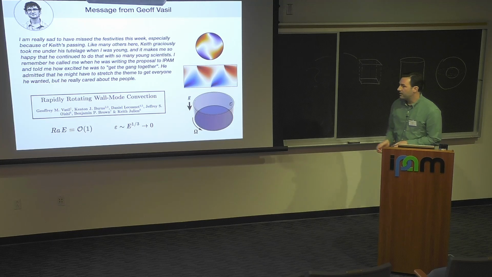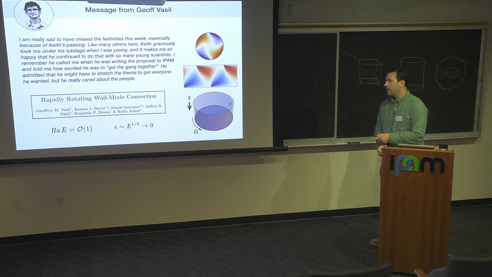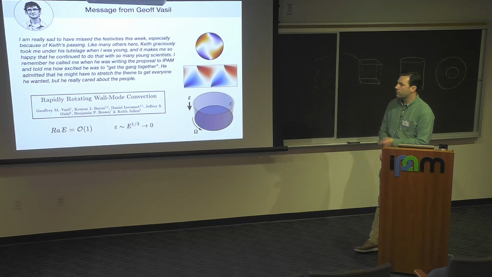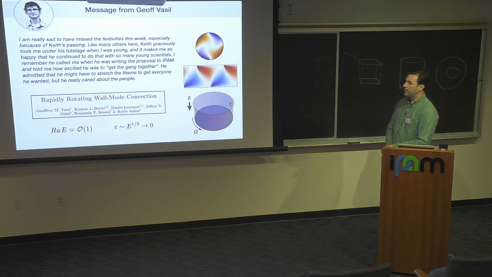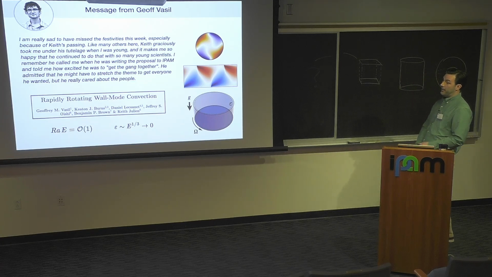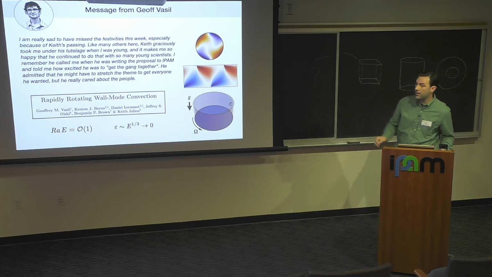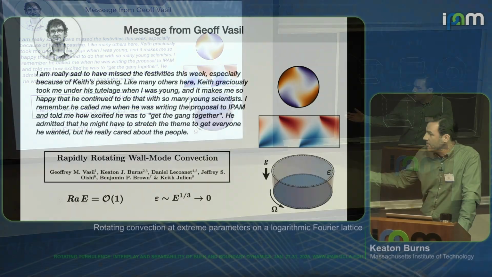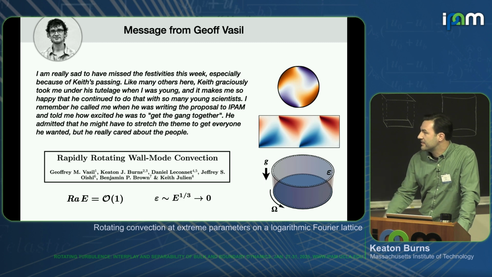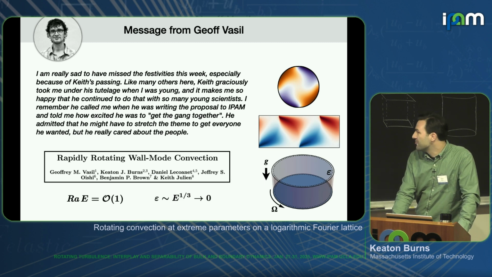I think Bob mentioned the paper I'm showing at the bottom here a couple times. So this was recent work that Jeff published on the rapidly rotating limit of wall mode instability. And this was work that he first did with Keith driving the asymptotics here, I think something like 15 years ago. And it was actually my first project using Dedalus, to try to simulate this in a Cartesian domain. And it was hard, it was very stiff and was blowing up a lot.